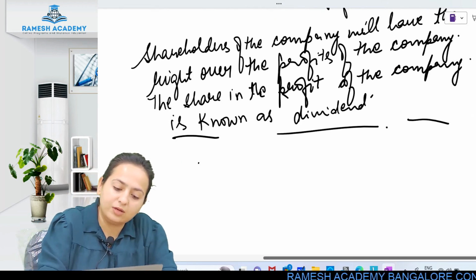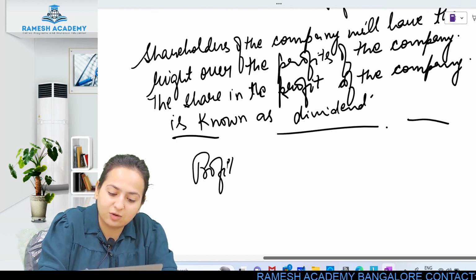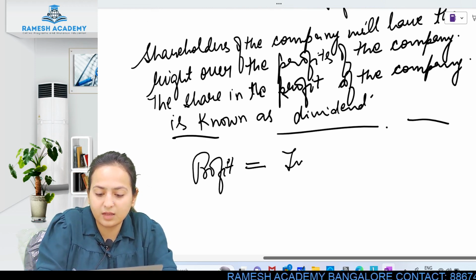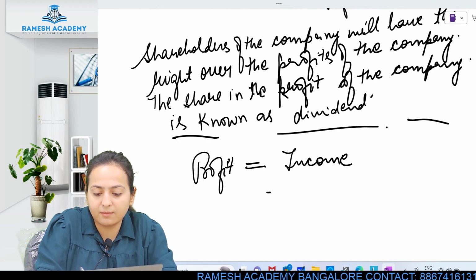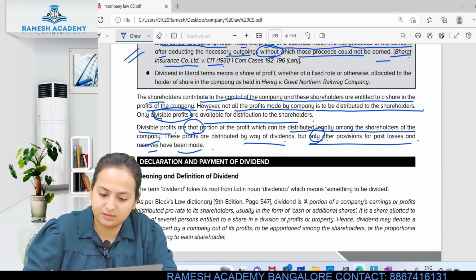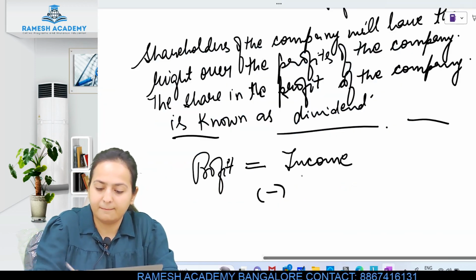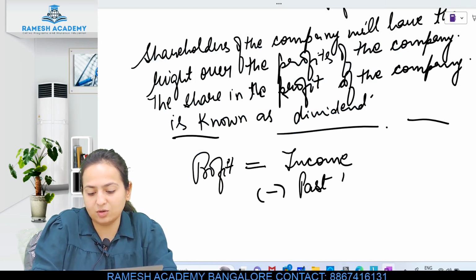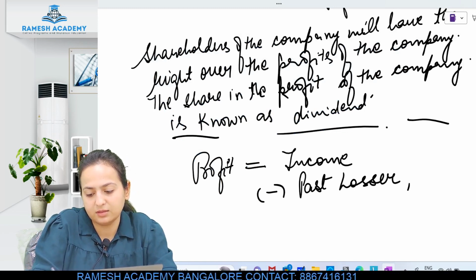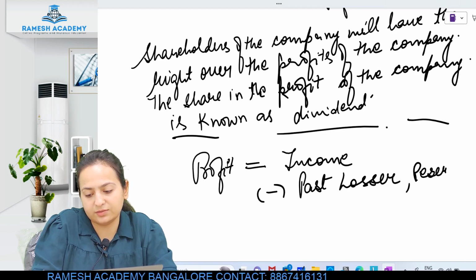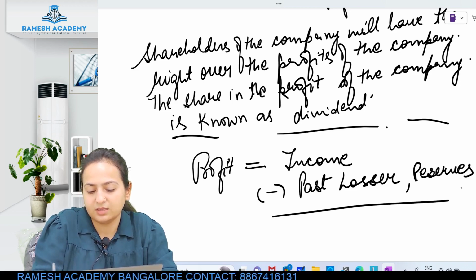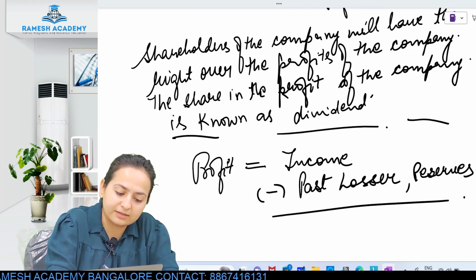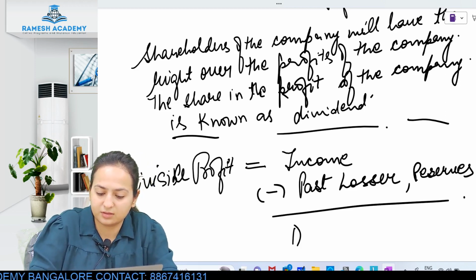So write down: profit is equal to income minus past losses, reserves. This is called divisible profit.